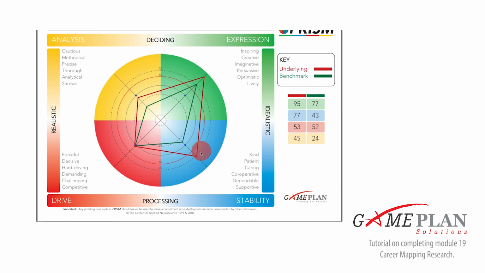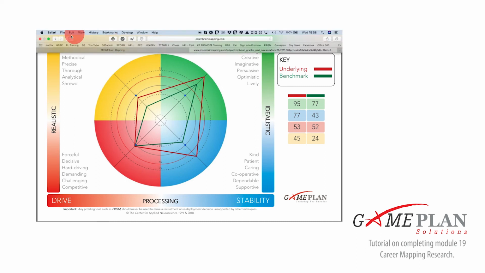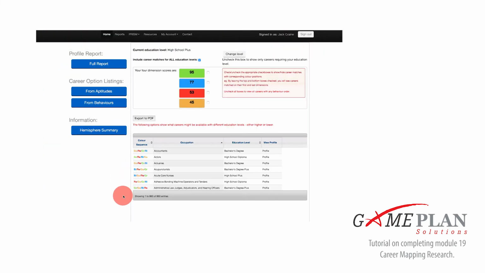But by and large, what we're effectively saying is my map is within the behavioral aspects of this particular map, and what that effectively means is it is within my comfort zone. I could quite comfortably assimilate into this role and maybe would have the right kind of behaviors to be able to learn and develop and grow within the role.